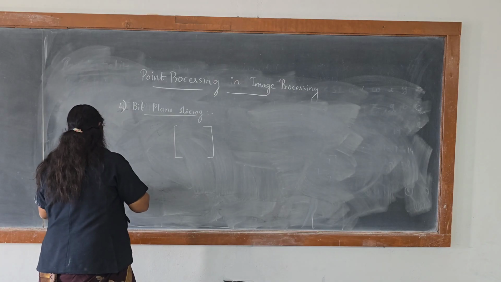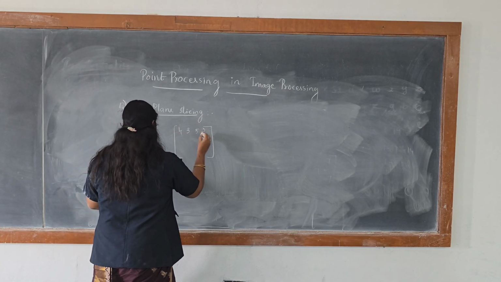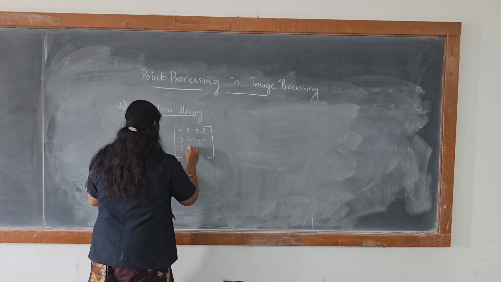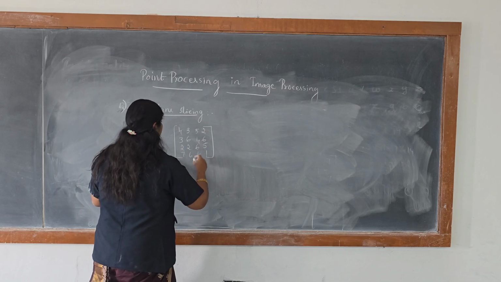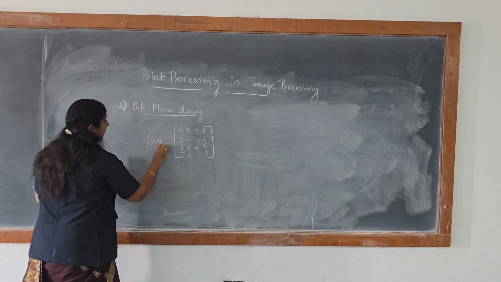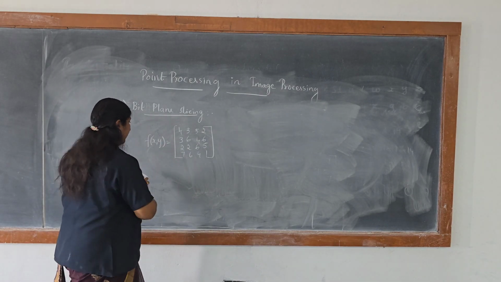So take the same example: 4, 3, 5, 2, 3, 6, 4, 6, 2, 2, 6, 5, 7, 6, 4, 1. For your understanding, I am writing the same example again and again. F of x comma y is the input matrix.